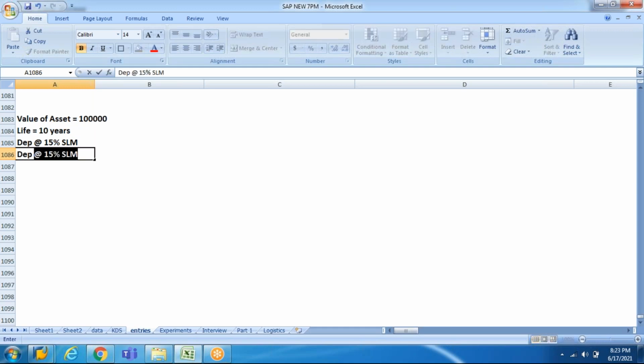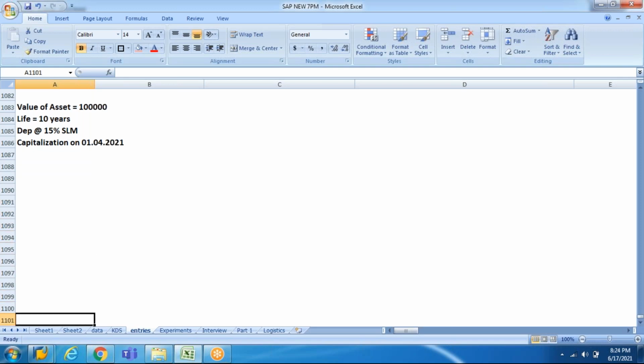And let's say depreciation or capitalization on 1/4/2021, which is from the beginning of the year. Once we are clear with this calculation, then we will bring the concept of capitalizing in the middle of the month, capitalizing in the middle of the year.